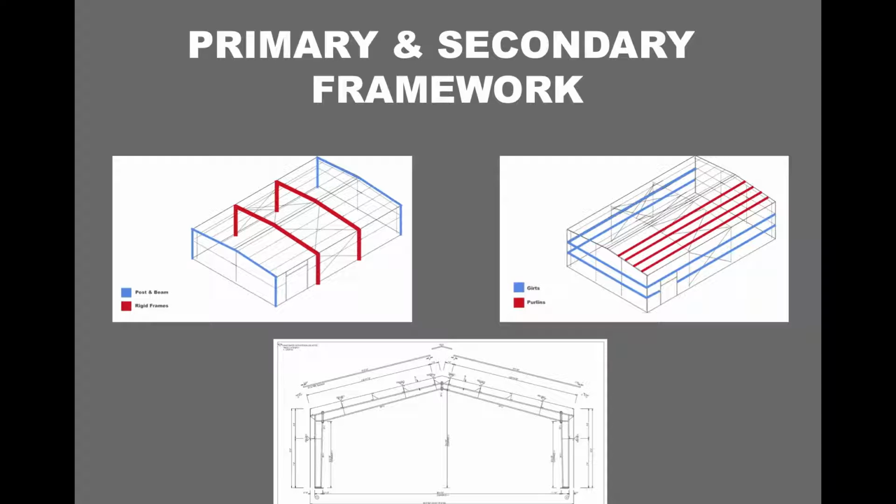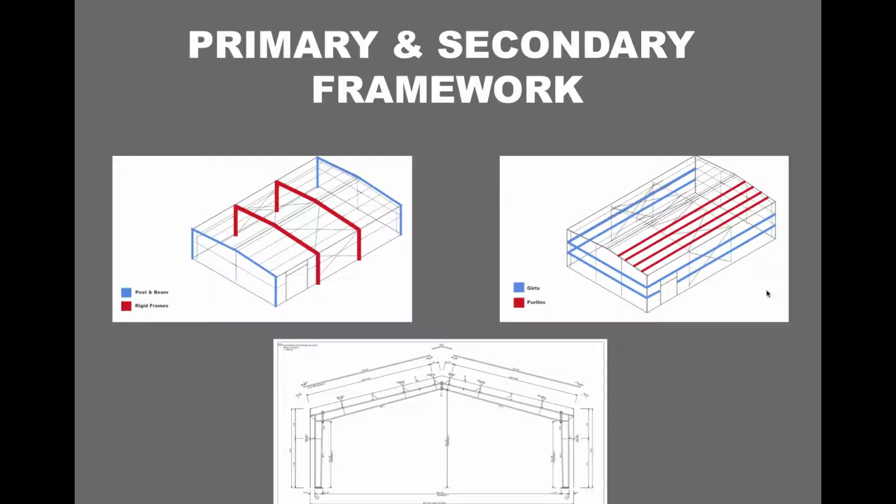First I want to go over the primary and secondary framework of a metal building. These two elements really make up the majority of your building's strength. They are the main structural components of the building.